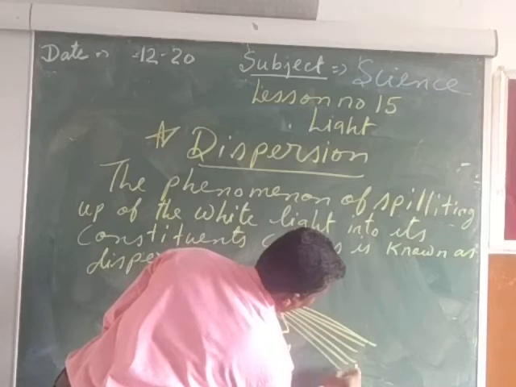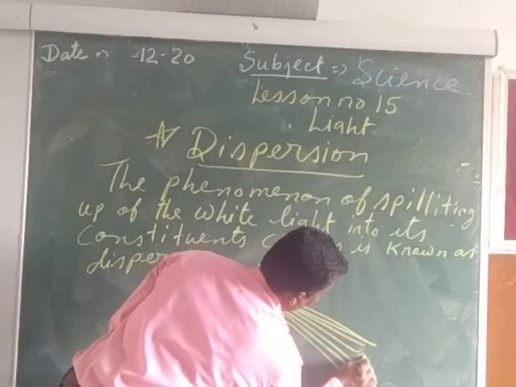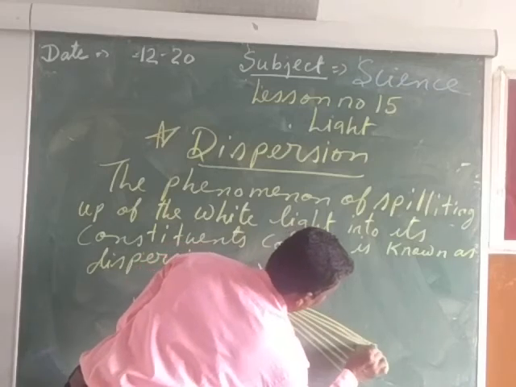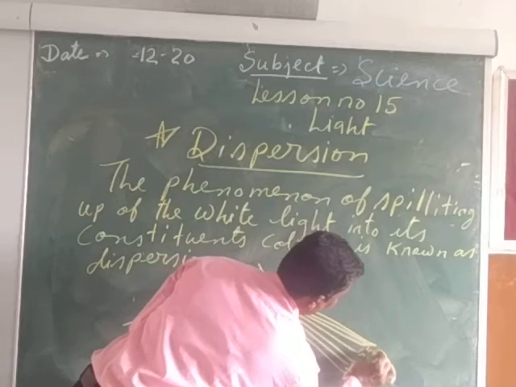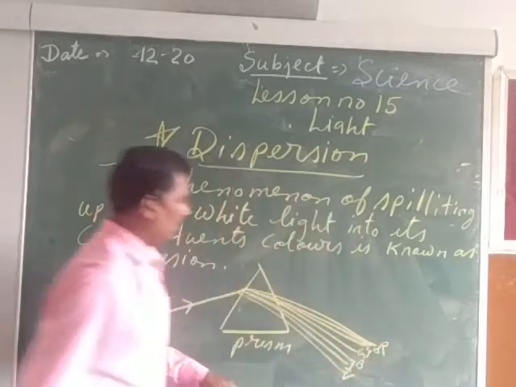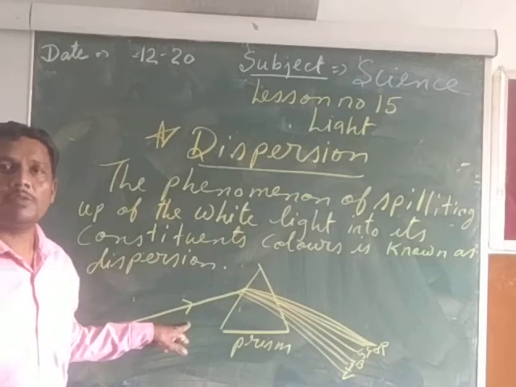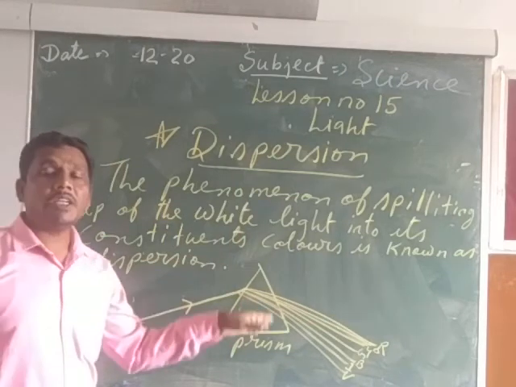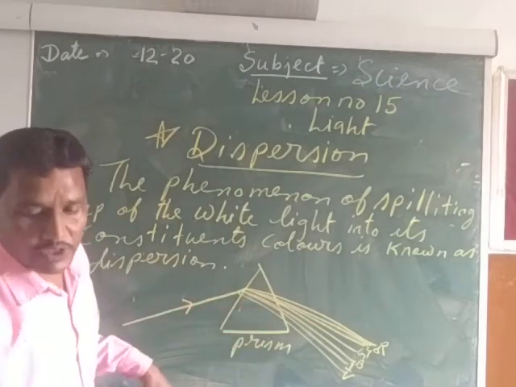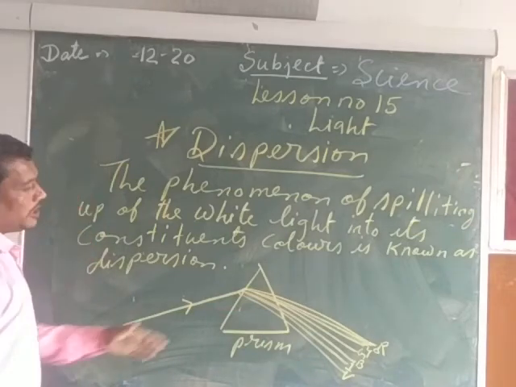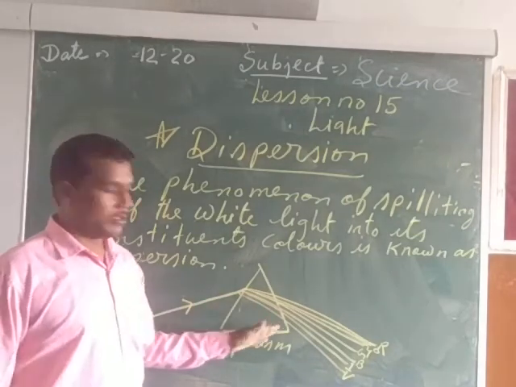V, I, B, G, Y, O, R. So my child, whenever the white light is passing through the prism, the white light is breaking up into the 7 constituent colors. This phenomenon is called dispersion.